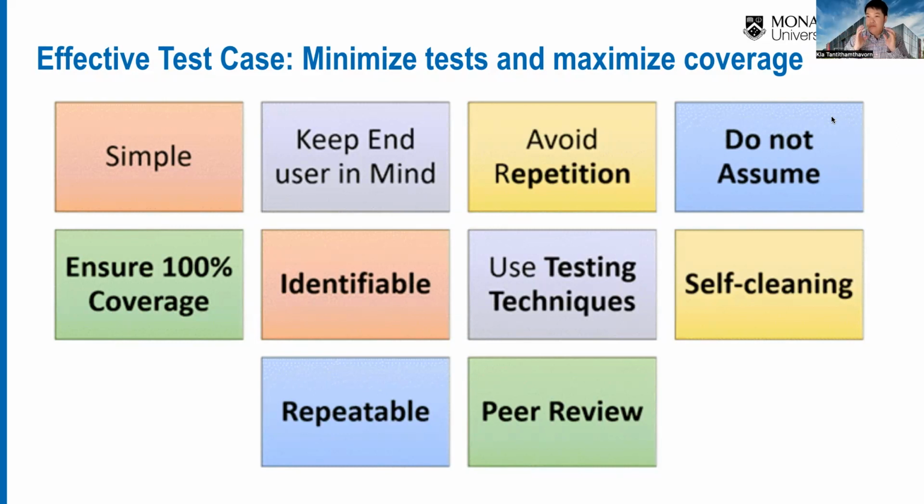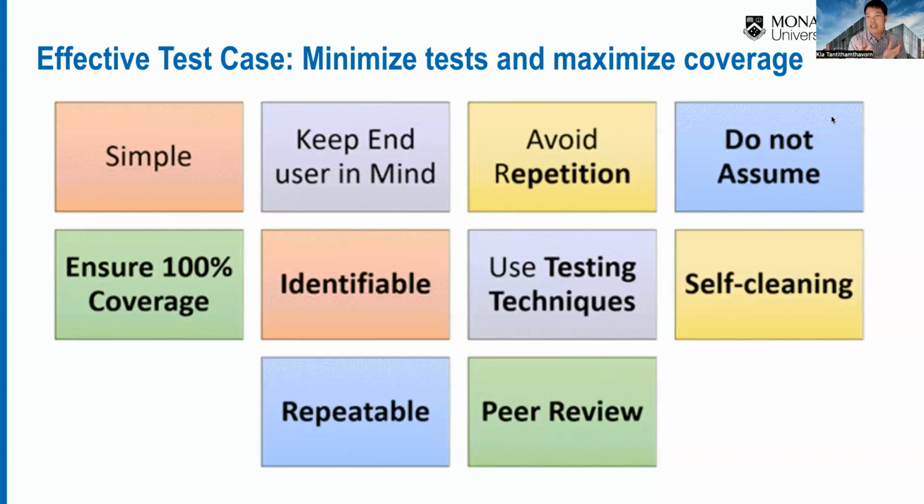So let's say we have 1 test case, but it covers everything. That's the perfect one, right? But if we have 1 test case and it can test only 1 line, that's not really useful for that test case, okay? Because then we will need another 10 more test cases to test another 10 lines. That's not great at all, right?